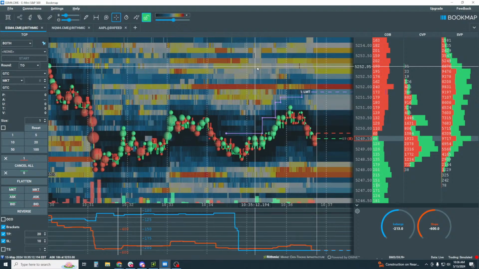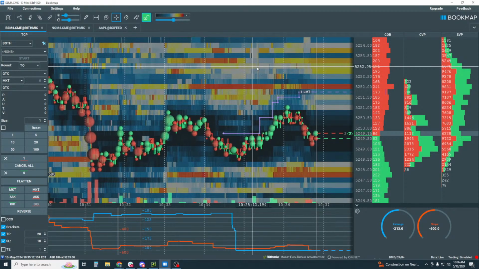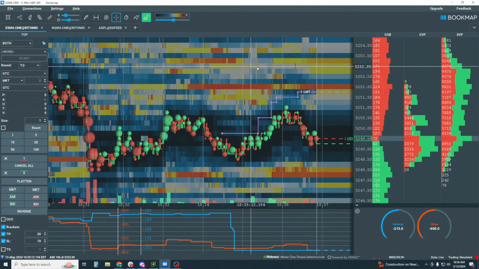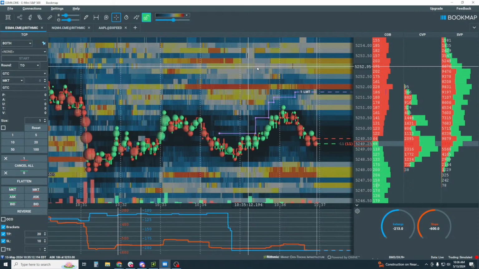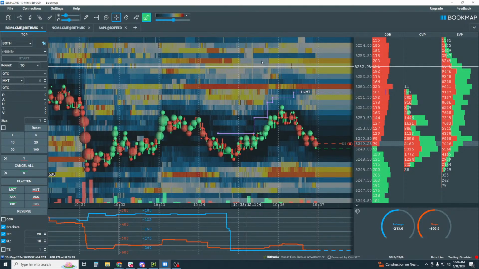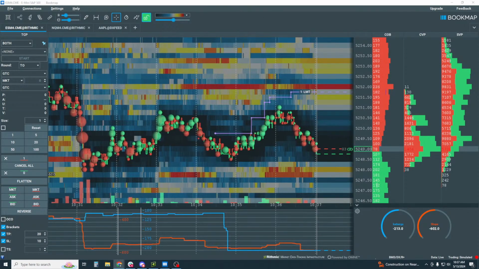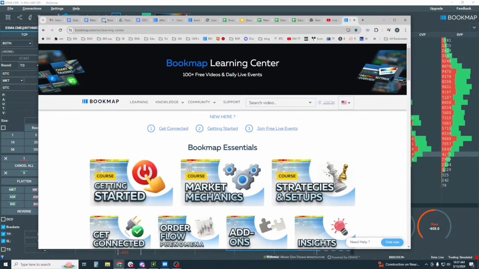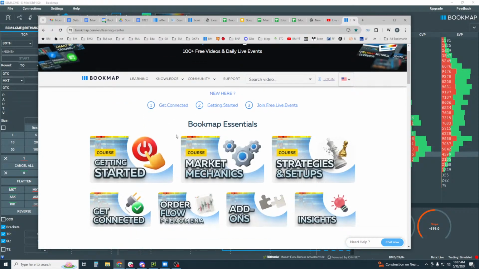Let's see, you have questions on liquidity tracker 3. Yeah, Rolko, no problem. You're new to Bookmap. Again, I would suggest you go to bookmap.com and then click on the education tab, and that'll take you to the learning center.